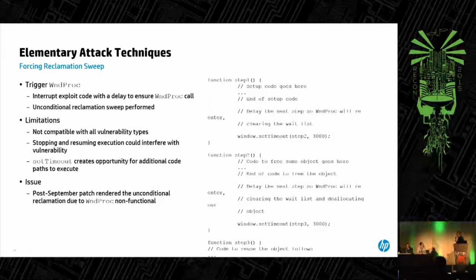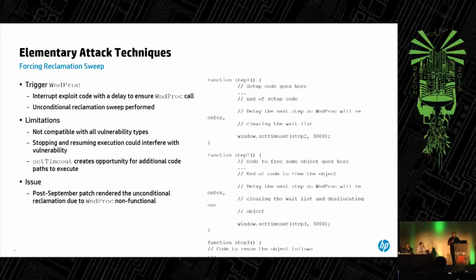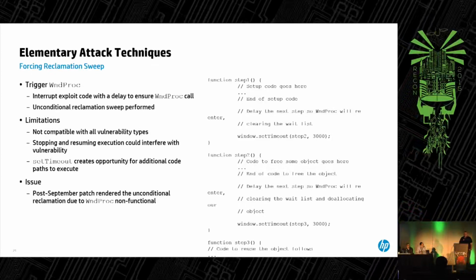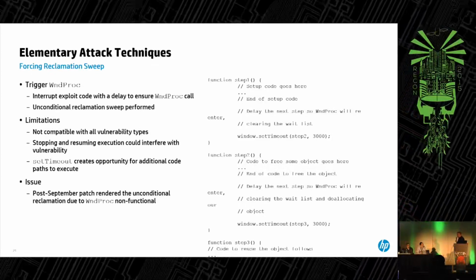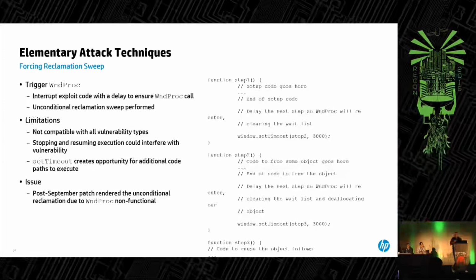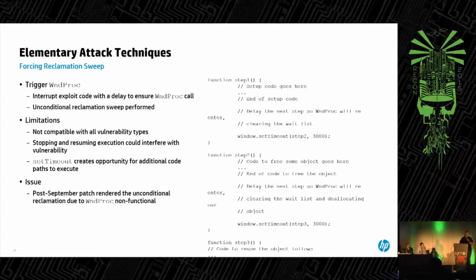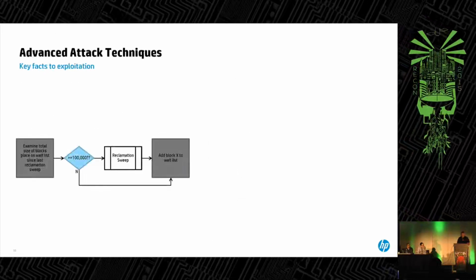It was basically to delay execution of the exploit until that event happened and that unconditional reclamation sweep occurred. Now, use after frees are sometimes timing based, and this doesn't always work, but because Microsoft basically rendered it non-functional, it really doesn't matter, but for the record, it's there.